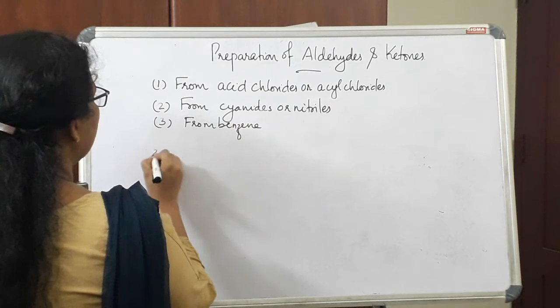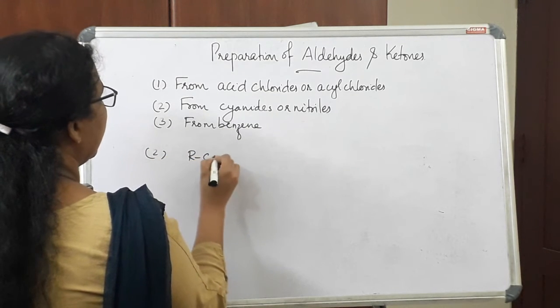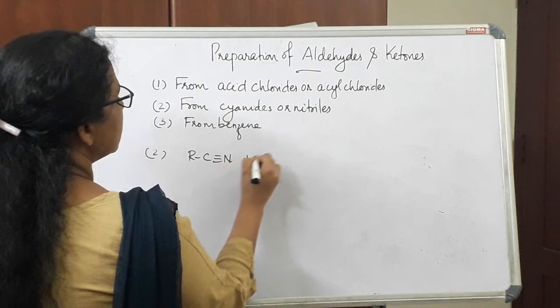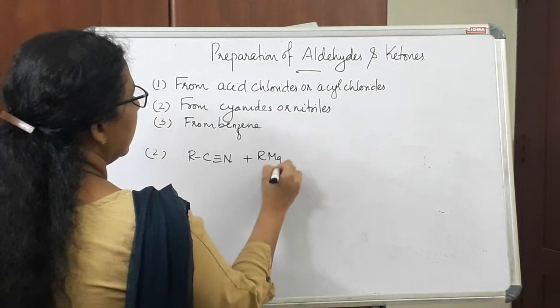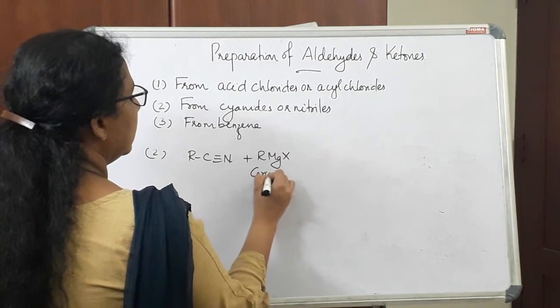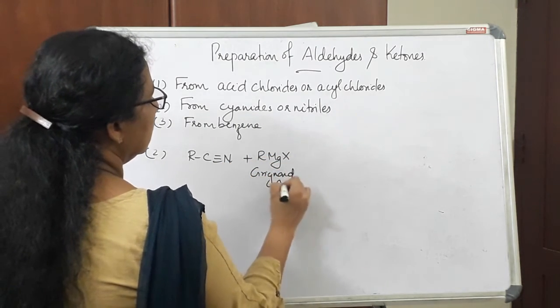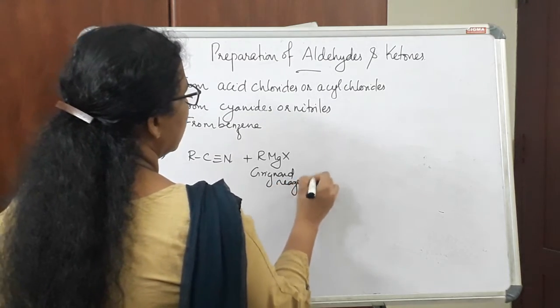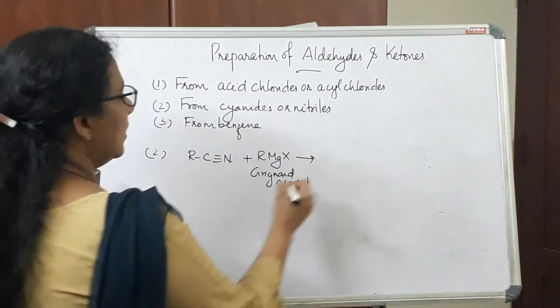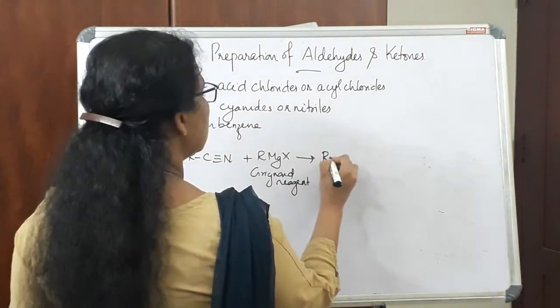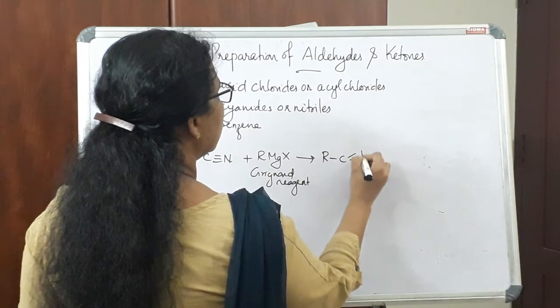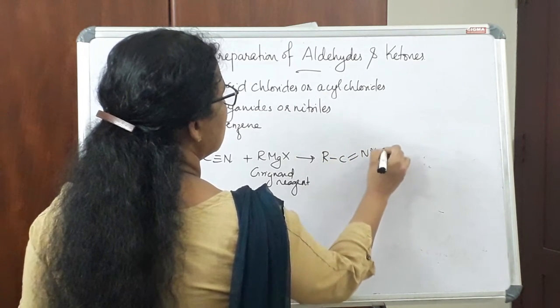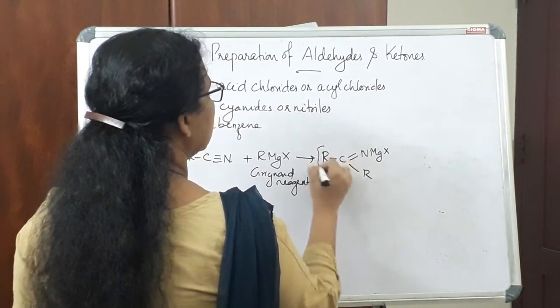So from cyanides, so RCN plus RMgX. So this is called a Grignard reagent. So in this case we will get an intermediate compound. So this is the intermediate compound.